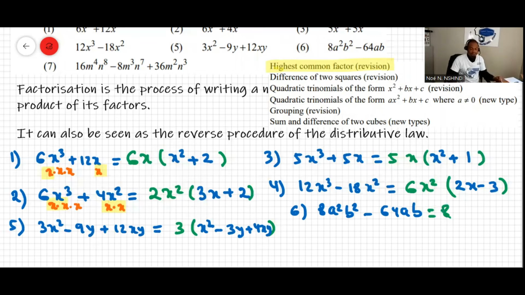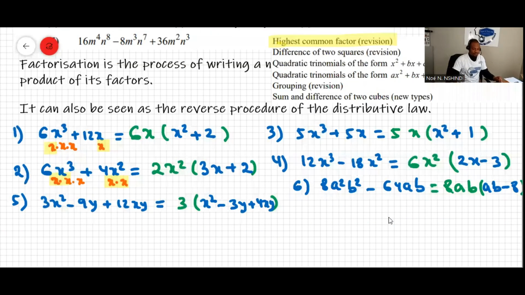Then we have a squared and 1a, so I can take a out. On the other side we have b squared and 1b, so I take b, and then open and close the bracket. What remains is ab minus what? Minus 8. Because if you multiply back, that makes 8a squared b squared, and 8ab times negative 8 makes negative 64ab.